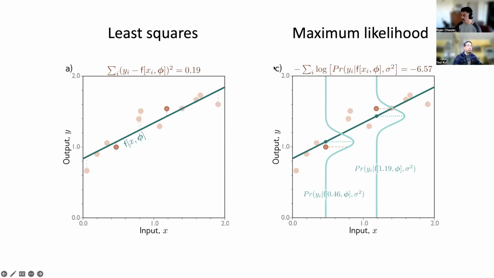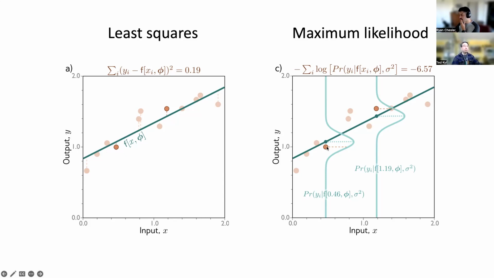So this is actually a comparison that Ted made in a previous week, talking about the difference between the least squares and the maximum likelihood. So you can see one way of measuring this is just saying what is the difference on the y-axis from the true point, and then the maximum likelihood way is kind of saying with this probability distribution, what is the difference from the actual.